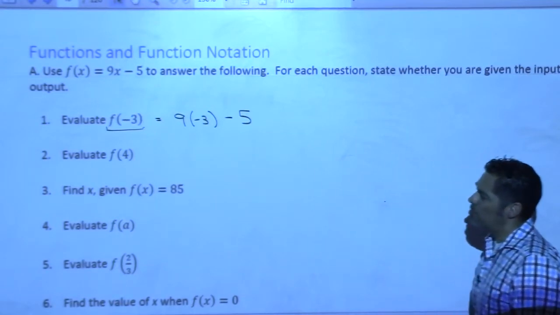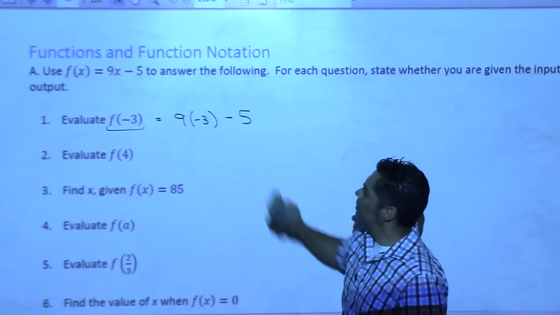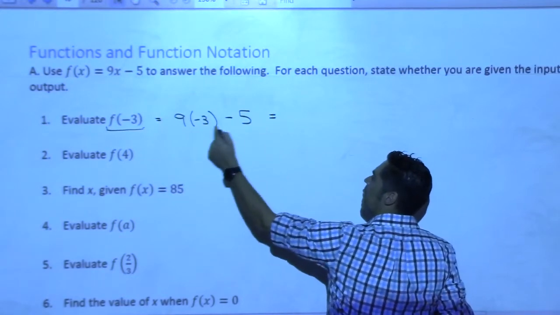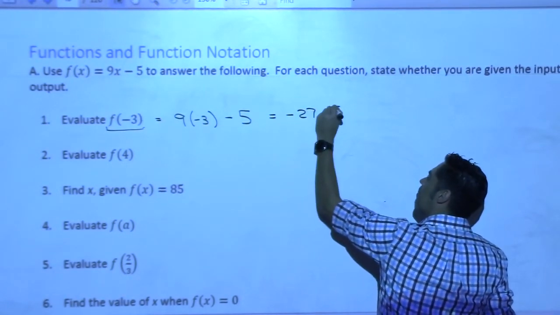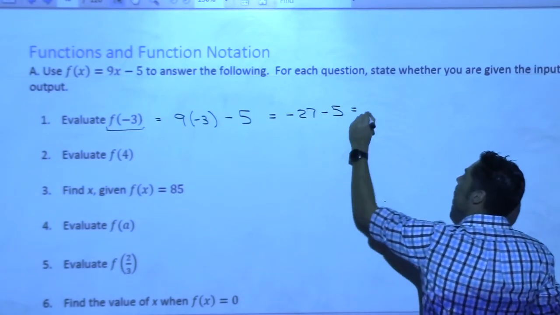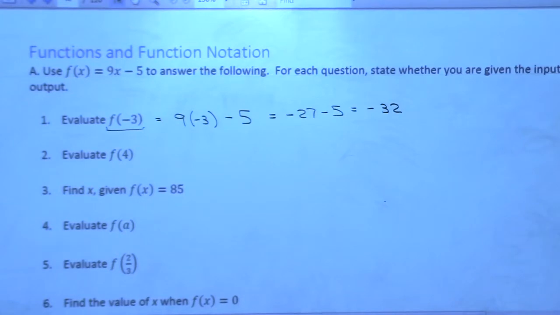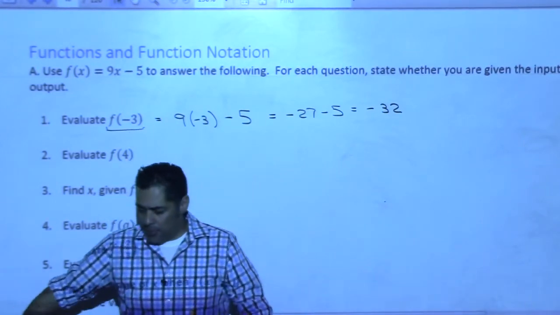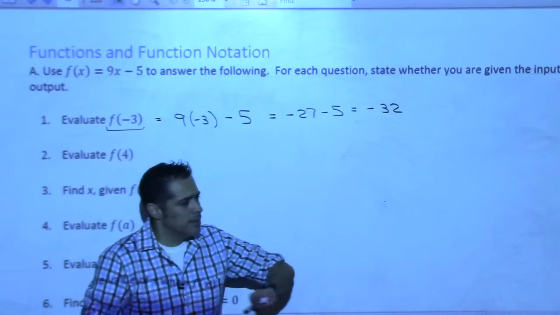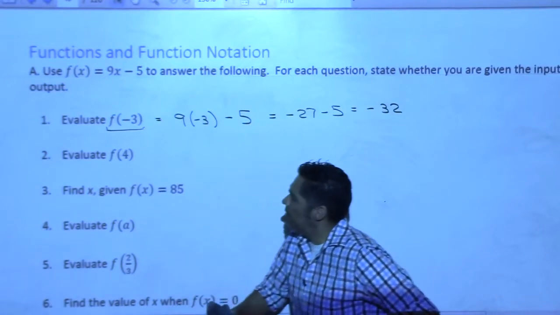Now, which operation do I do first? Multiplication always comes before subtraction, right? So I would first do 9 times negative 3, which is negative 27, and then minus 5, and that equals negative 32. So for this particular function, if you plug in negative 3, it spits out negative 32. Takes in negative 3, spits out negative 32.